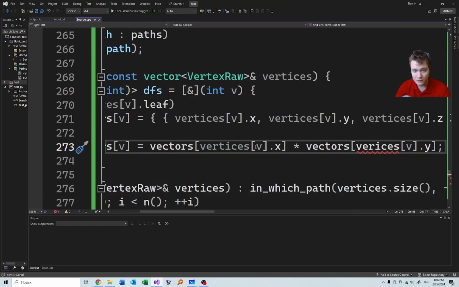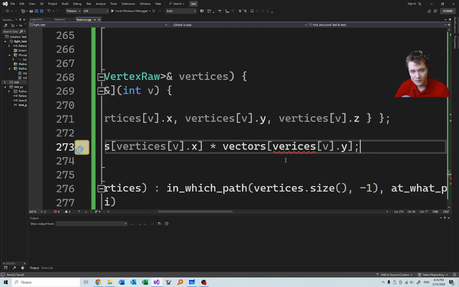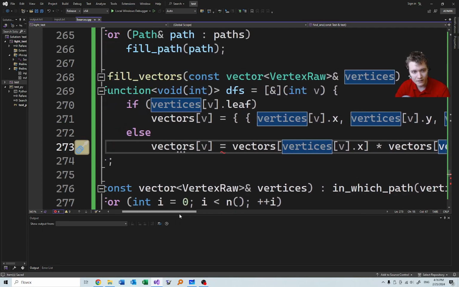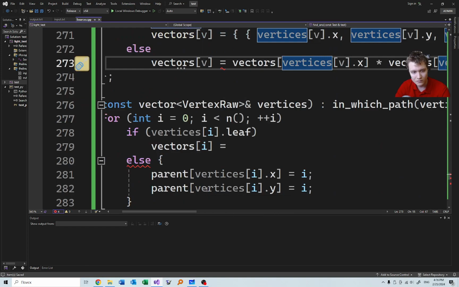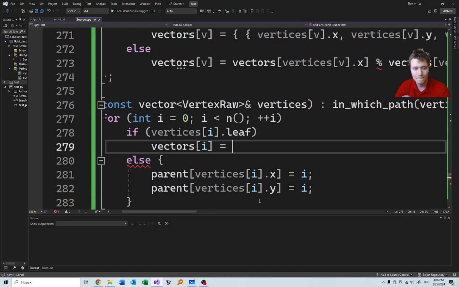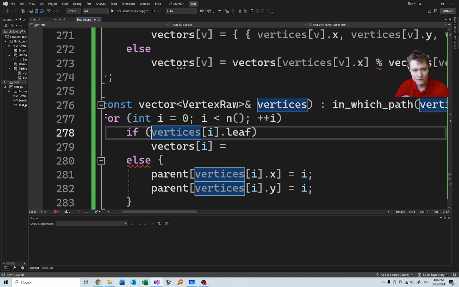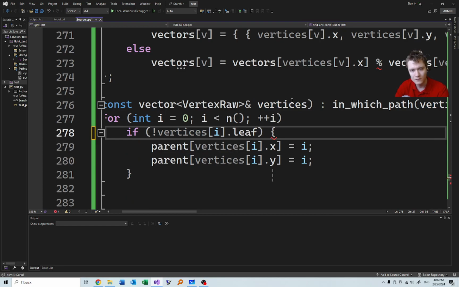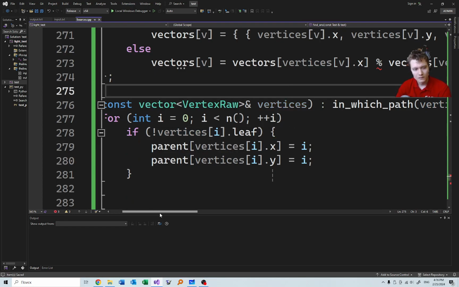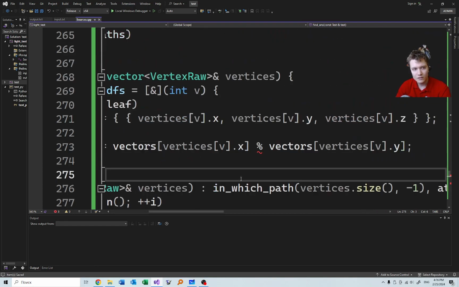Actually, it is incorrect. I don't need to multiply them like that. I need to make a cross product.